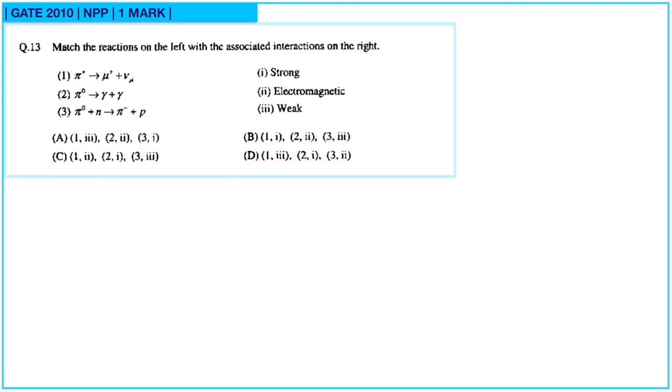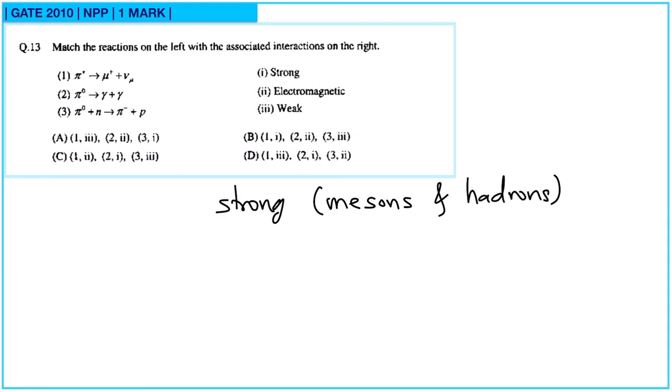Question number 13. Match the reactions on left with the associated interactions on the right. On the right we have strong, electromagnetic and weak. Now strong interaction occurs between mesons and hadrons, whereas weak interaction occurs between leptons and hadrons.